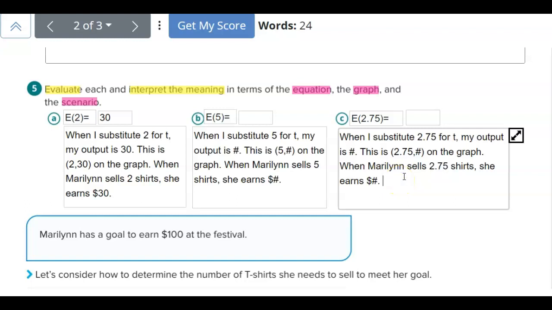So for mentioning the scenario for this case, add on that in reality, right, salespeople don't sell partial shirts, right?